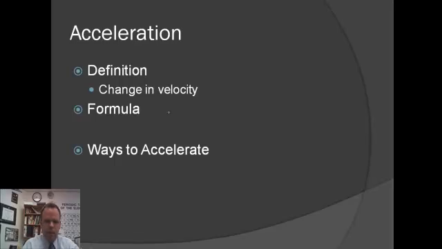The basic formula for acceleration is acceleration equals the change in velocity over the elapsed time. We will commonly rewrite this with the change in velocity as final velocity minus initial velocity, and generally our initial time is 0, so we write it that way.